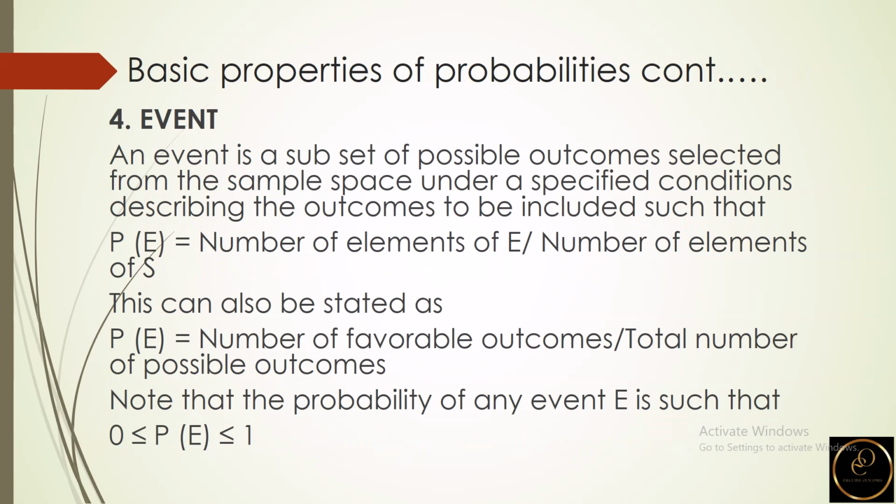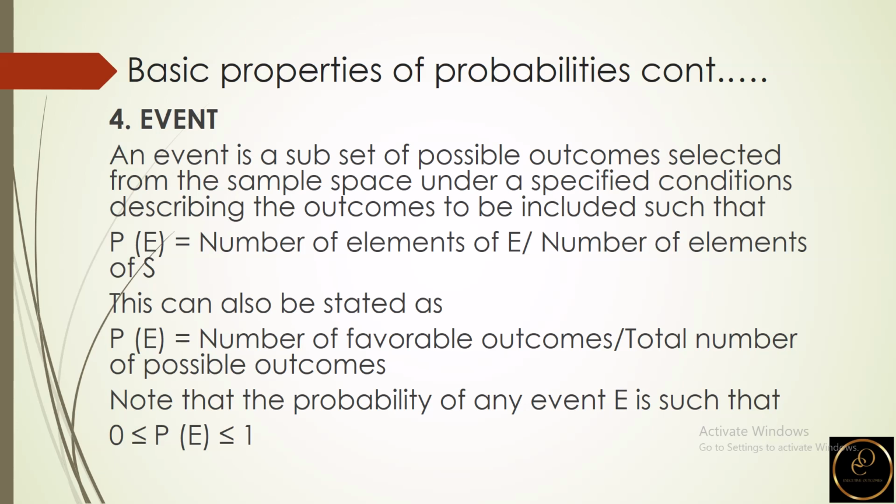We look at the other term, which is event. When you hear of the term event as it relates to probability, this is simply a subset of the possible outcomes selected from a sample space under a specified condition or conditions describing the outcomes to be included, such that the probability of event E is equal to the number of elements of E out of the number of elements of the sample space.